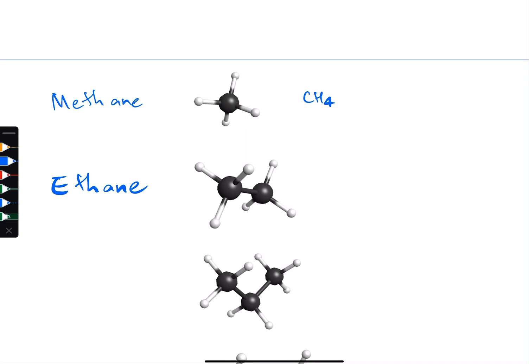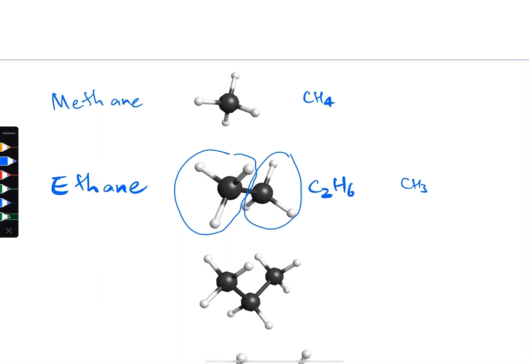and its molecular formula is 2 carbons and 6 hydrogens. The other way to think about that is, there's a carbon and 3 hydrogens, and there's another carbon and 3 hydrogens, CH3.